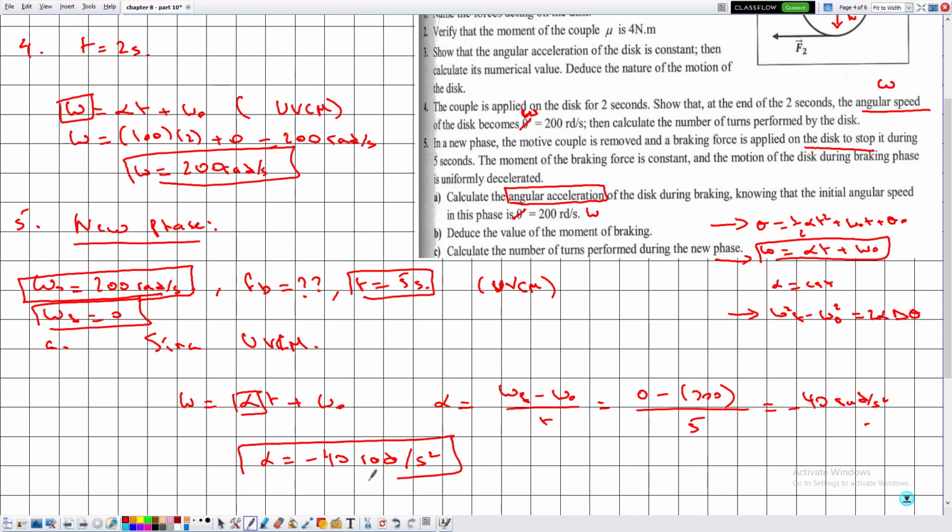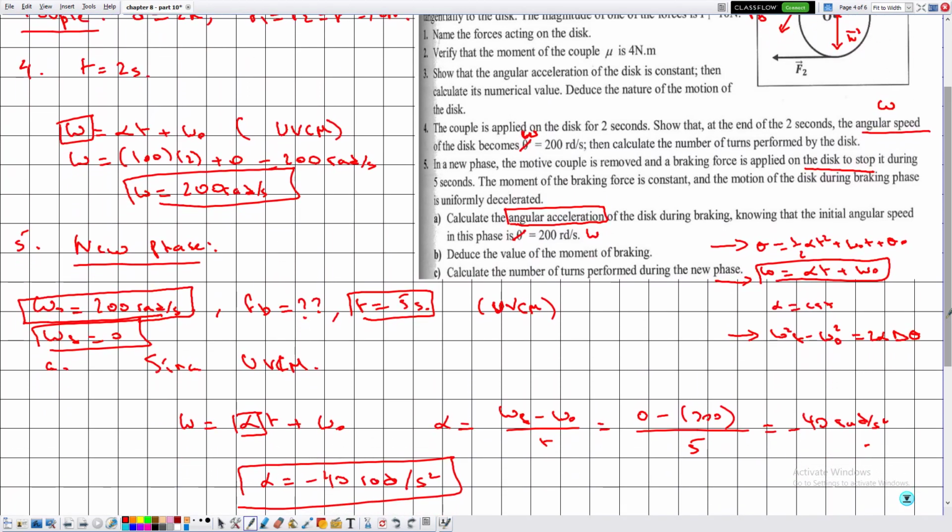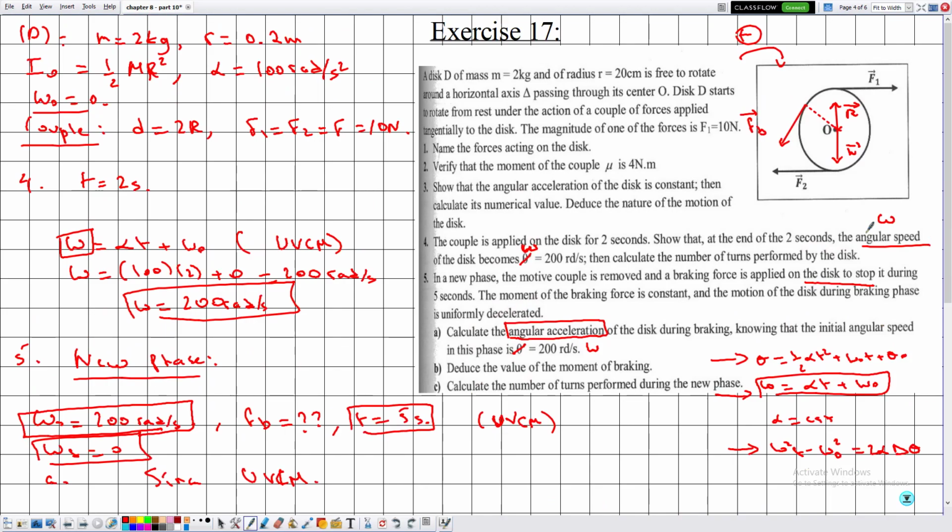Notice that if you look at the problem from the following perspective, the disk started from rest. We accelerated the disk until it reached a speed of 200 radians per second, and then we decelerated the disk until it reached again the speed of 0.